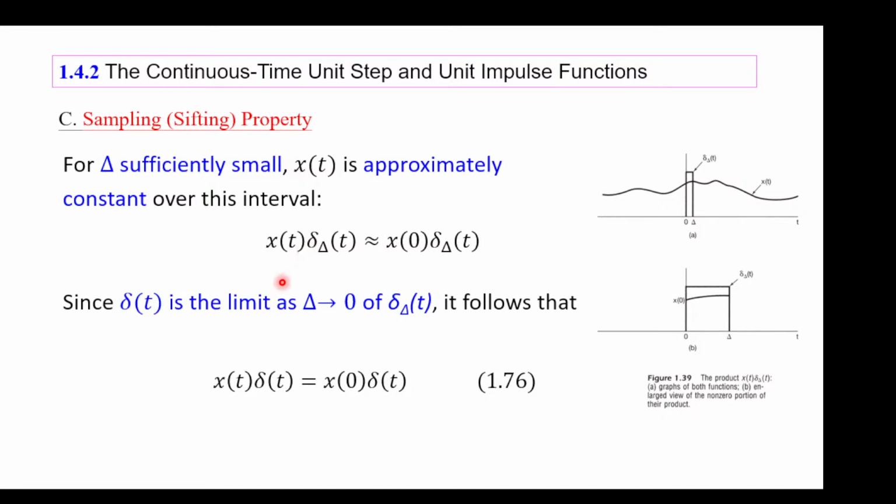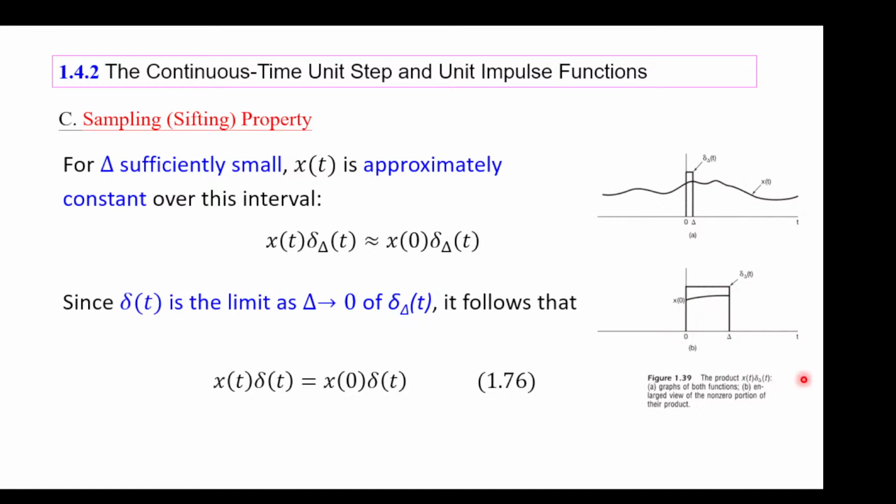When triangle is very small, and x of t is nice and smooth, then the x of t between 0 and triangle gets flatter and flatter, because if x of t has some finite derivative, then x of 0 and x of triangle should be about the same value.